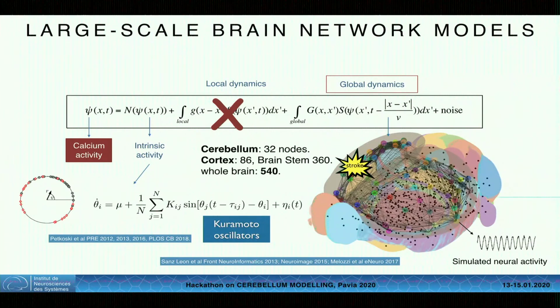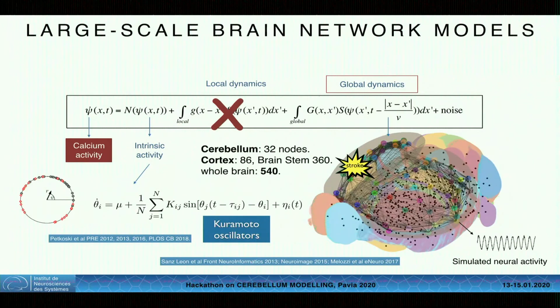And since we are looking at the phase coherence at a band that we have chosen that is of interest for the resting state, which is the lower delta frequency, we also use, for this use case, the Kuramoto oscillators to describe the oscillatory activity.